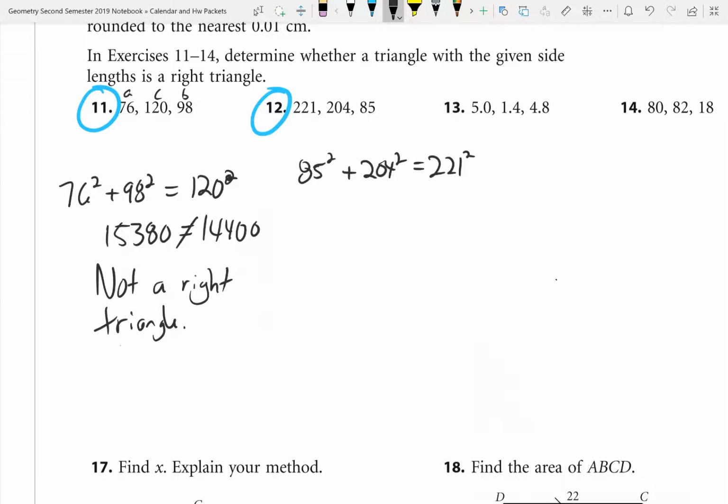Okay, 85 squared plus 204 squared, 48841. Does that equal? Yes, it does. So yes, it is a right triangle.